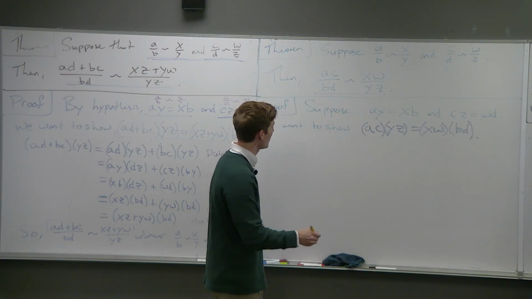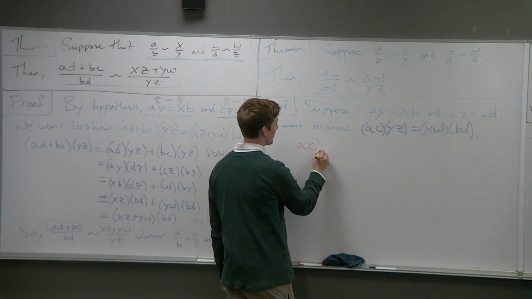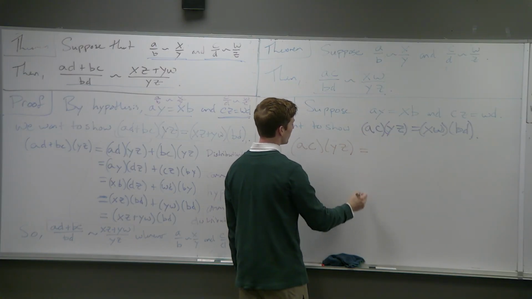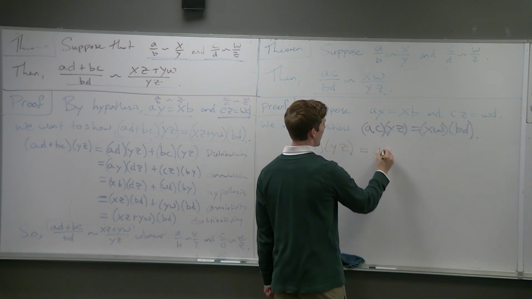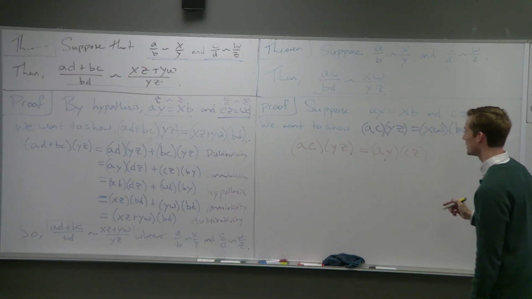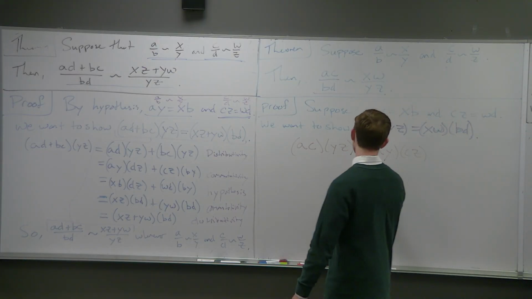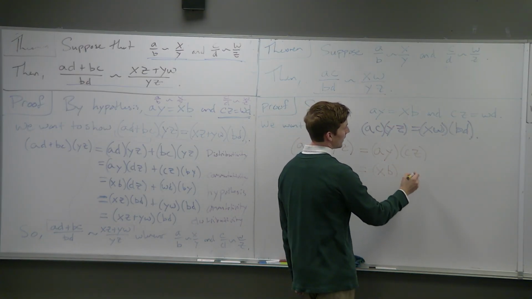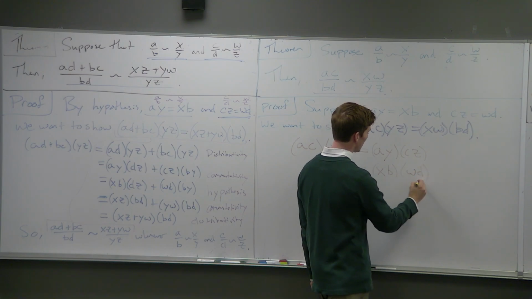We'll take one side and we'll turn it into the other using our hypotheses, right? Okay, so we say, hey look, AC times YZ equals AY times CZ by commutativity. And now by our hypotheses, AY is XB and CZ is WD.